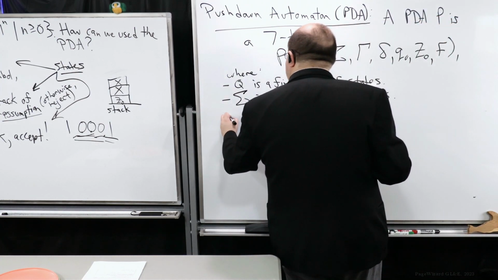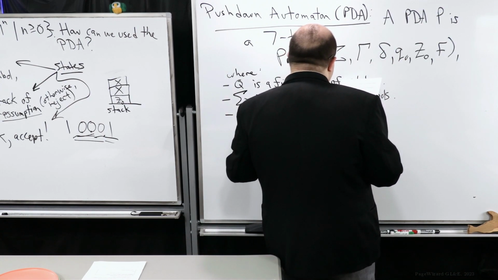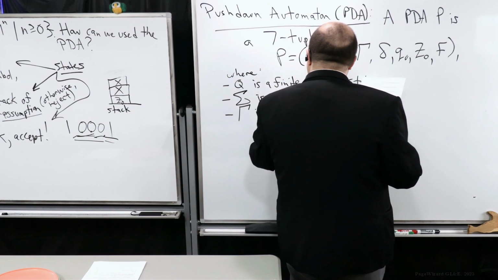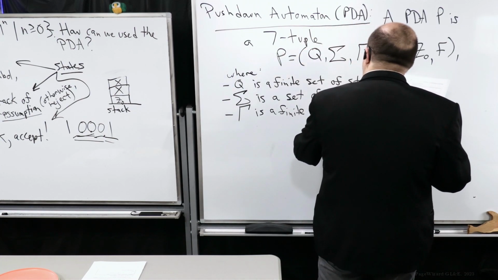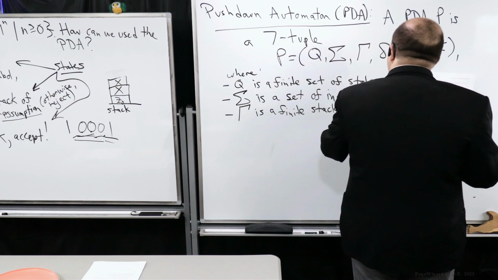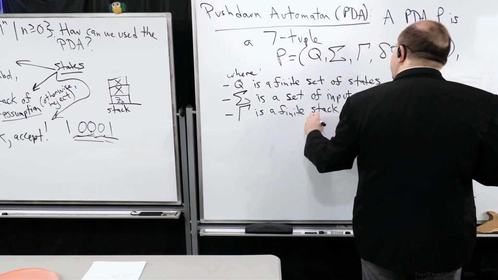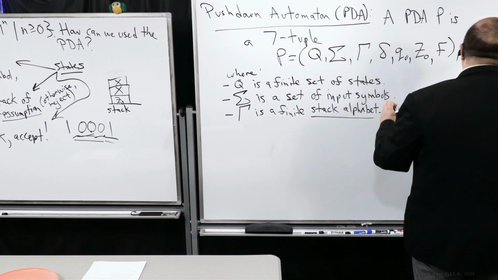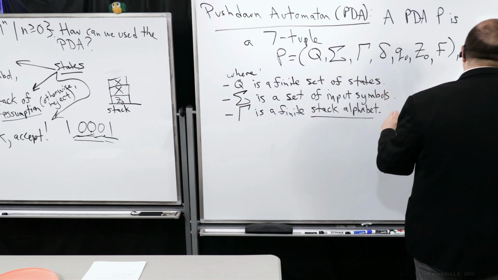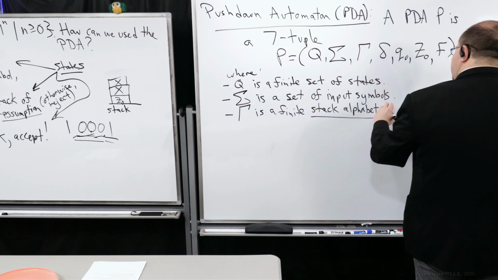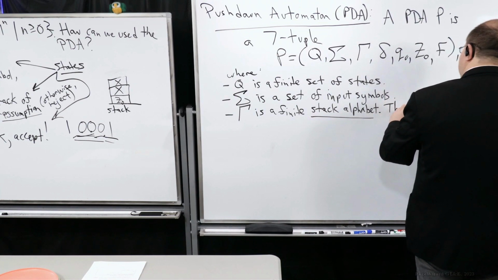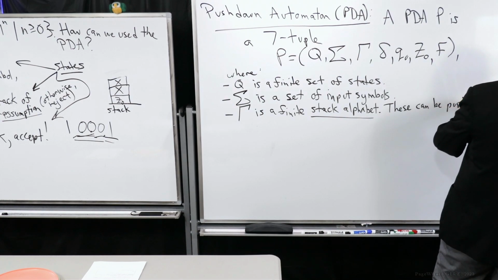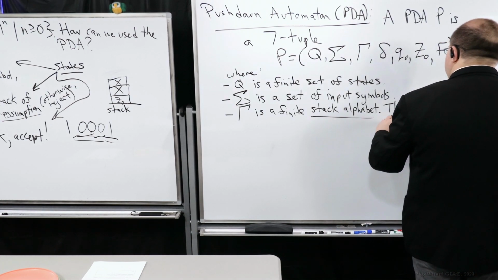Now, let's talk about what gamma is. Gamma is a finite stack alphabet. That's its name. It's called a stack alphabet. So we already know what an alphabet is, but it's associated with the stack. That's why we call it that. So these can be pushed onto the stack.